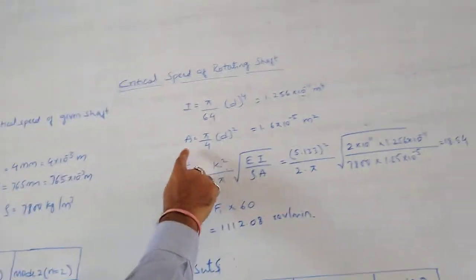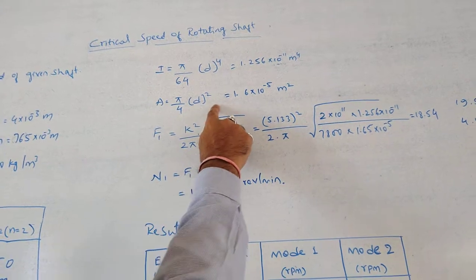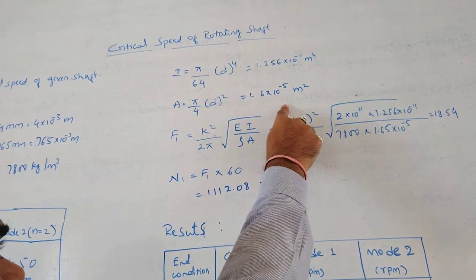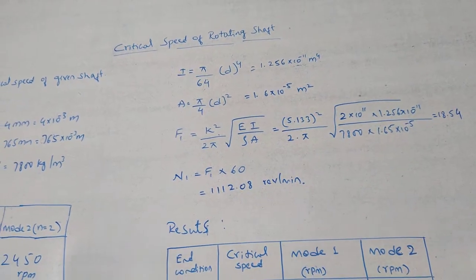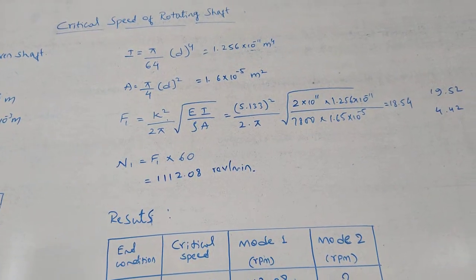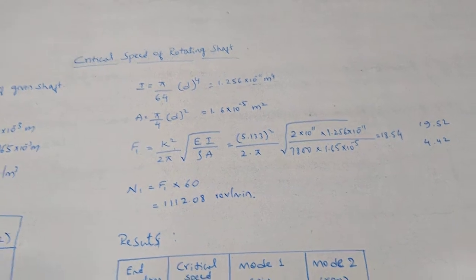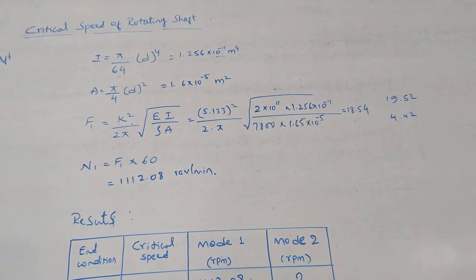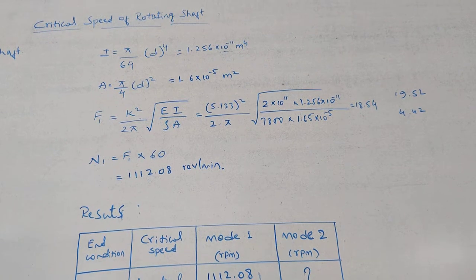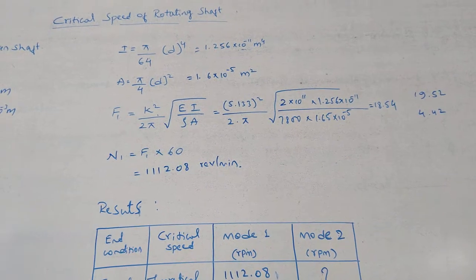Area is pi by 4 d square, and after substituting the values we get 1.6 into 10 raised to minus 5 meter square. Later we need to find F1, which is given by k square divided by 2 pi root of EI divided by rho A.